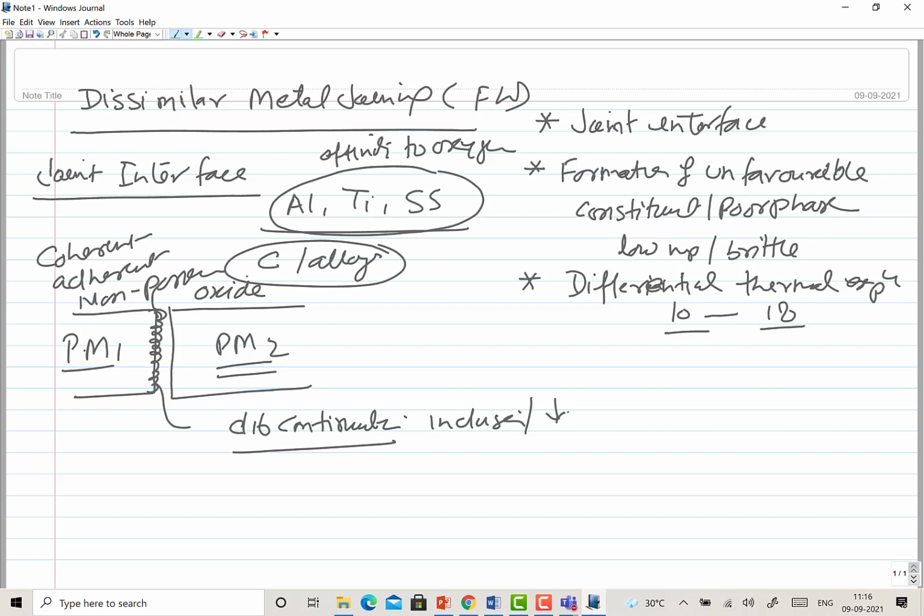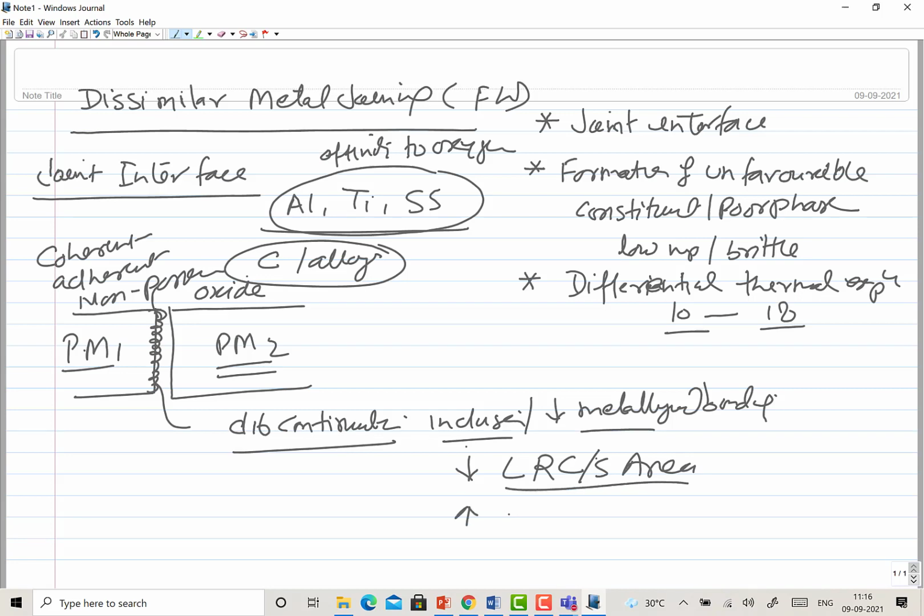These will reduce the metallurgical bonding. Metal to metal bonding is reduced, as these act as inclusions. In presence of these, your load resisting cross sectional area is reduced, and second, they also act as stress raisers.